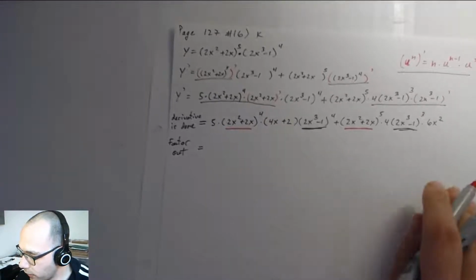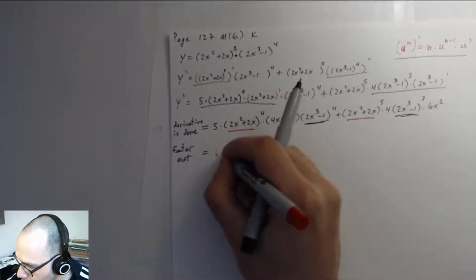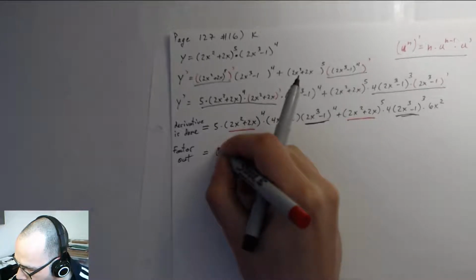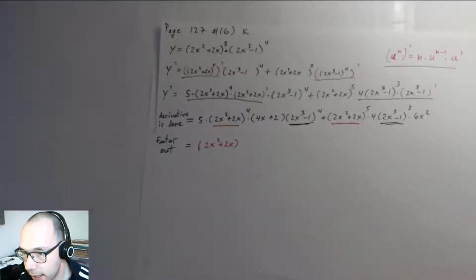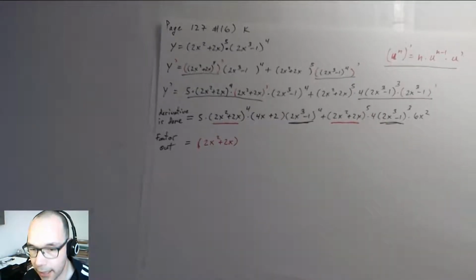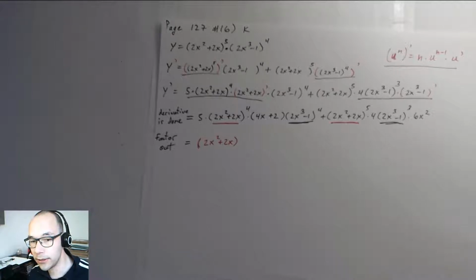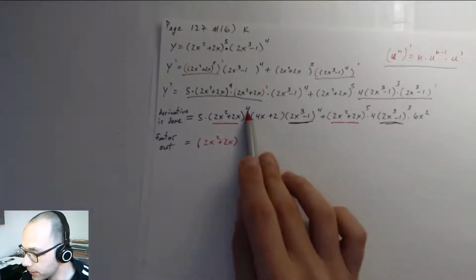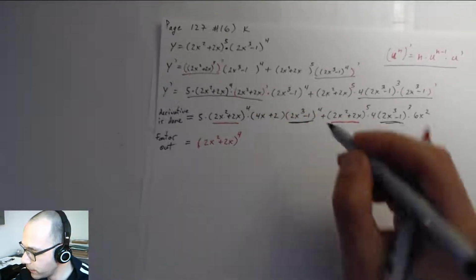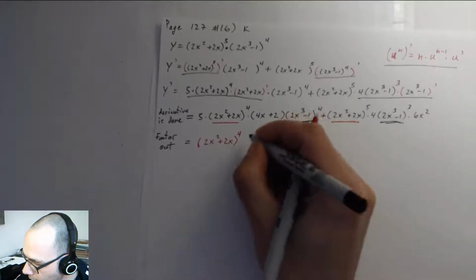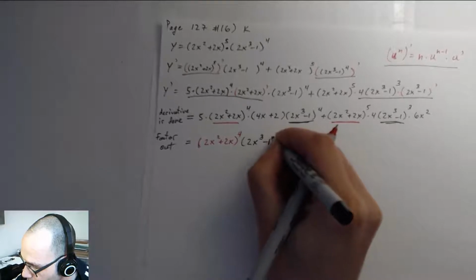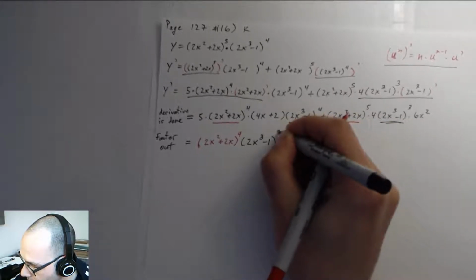First, my 2x squared plus 2x bracket. But this bracket is to the power of 4 or 5. Well, I have to factor out the one that is the smallest, so I can only factor out 4. Same thing for this one and this one. I will have to factor out 2x cubed minus 1 to the power of 3.